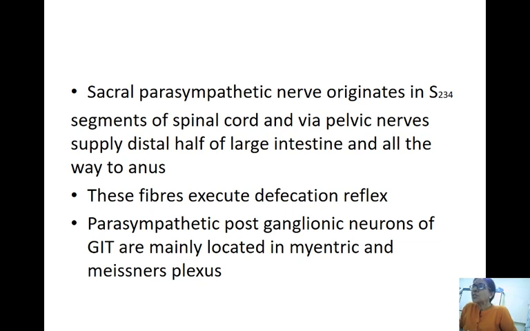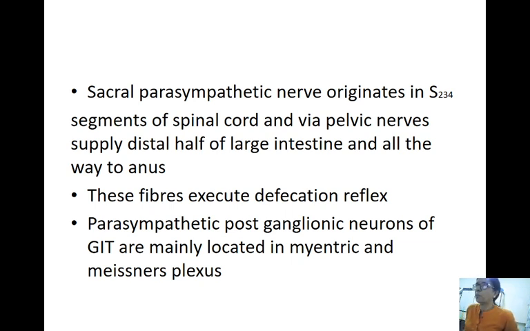Parasympathetic postganglionic neurons of the GIT are mainly located in the myenteric and Meissner's plexus. I told you where these plexuses are in the GIT. So what is their function?